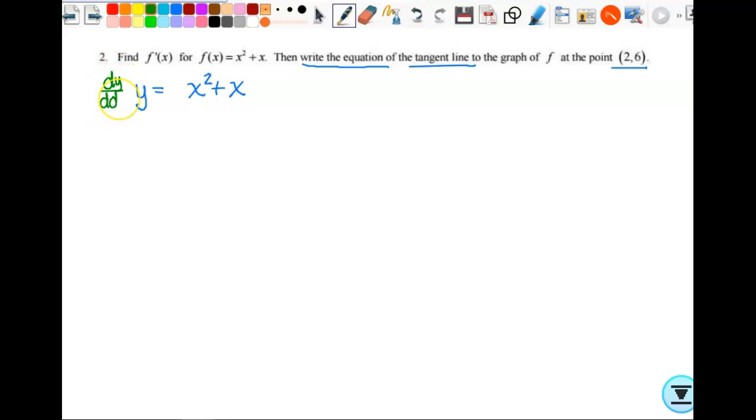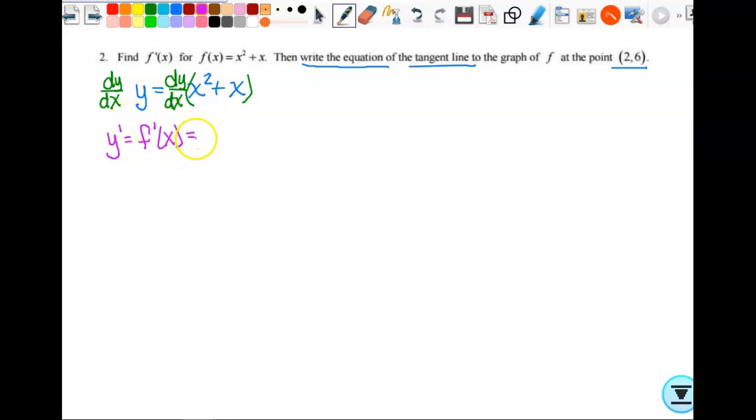I'm going to take the derivative of both sides. Okay? So when I do that, the derivative of y is either y prime, or we can call that f prime of x. Okay, that's what happens over here.